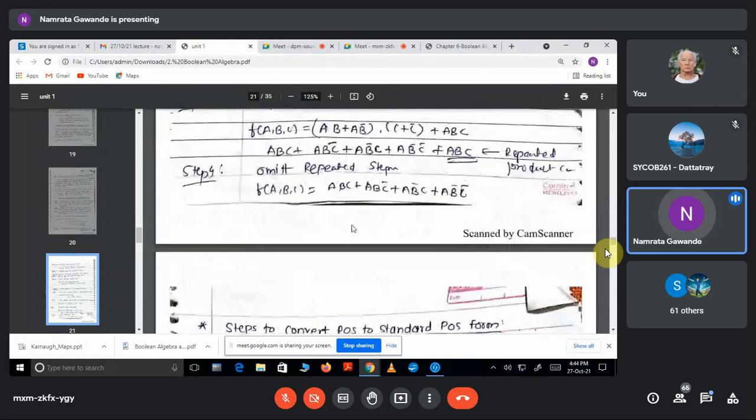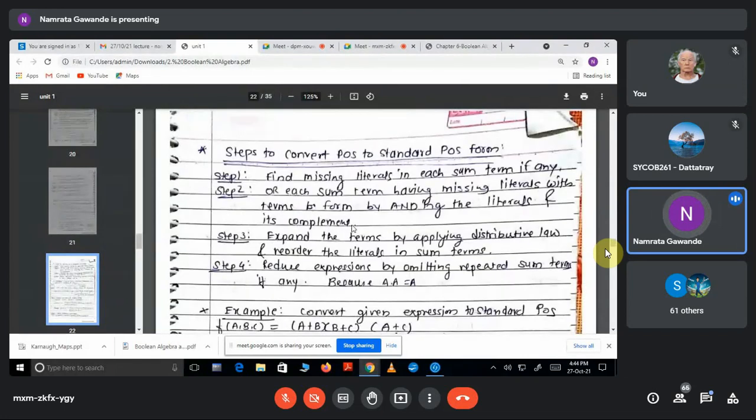Now in the same way, you have to convert from POS to standard POS. Steps to convert POS to standard POS. Again, step 1 is the same: find the missing literal in each sum term, if any. Then after that, the reverse way. Here we take the complement of the missing literal and take the ORing of those, that is, the product of the missing literals, and then add that along with the literals present in the term.